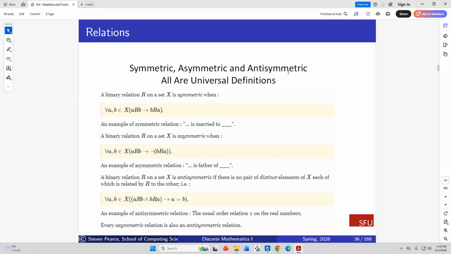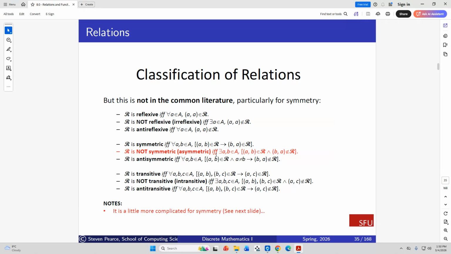Symmetric, asymmetric and antisymmetric are all universal definitions. A binary relation R on a set X is symmetric when for all A, B, A related to B implies B is related to A. That's symmetric. An example is married to. A binary relation R on X is asymmetric if for all A and B in X, (A, B) implies there is no (B, A).